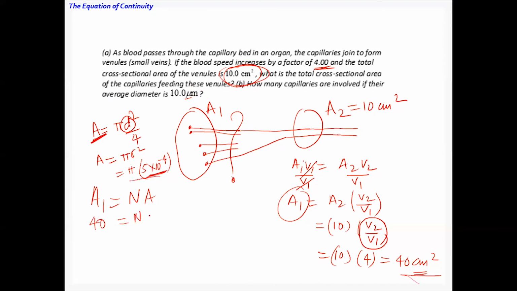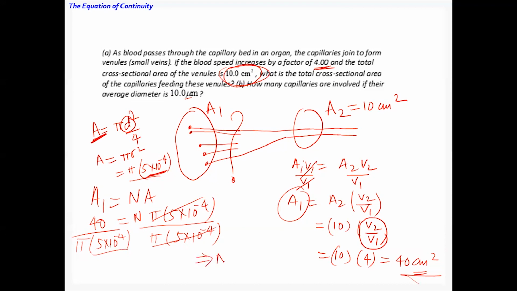If you divide both sides by pi times 5 times 10 to the minus 4 squared, this cancels out, then your N is 40 over this much. If you calculate that, you get N equals 5.09 times 10 to the 7. Oh my God, this many. Okay, so with this I want to conclude this lecture. Thank you so much.